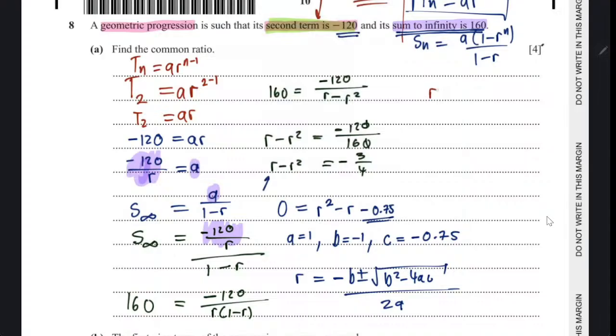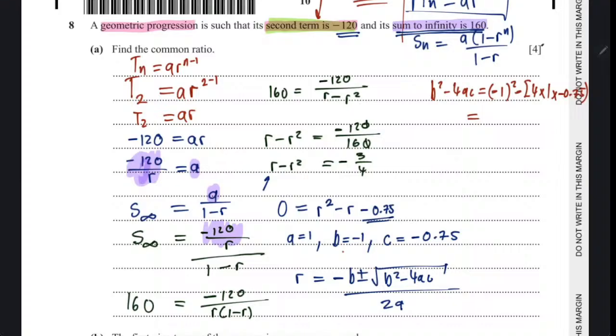So now you say R will be equal to minus of B is minus of minus 1, plus or minus the square root of B squared. What we always want to do is find B squared minus 4AC. It's always the first thing we like to find most of the time. What is your B? Negative 1, all squared, minus, you open bracket, 4 times A. What is A? 1 times C, negative 0.75. What do you get? That's the discriminant, right?